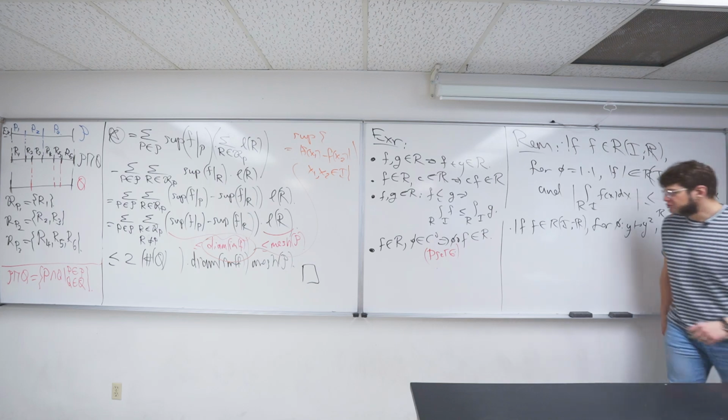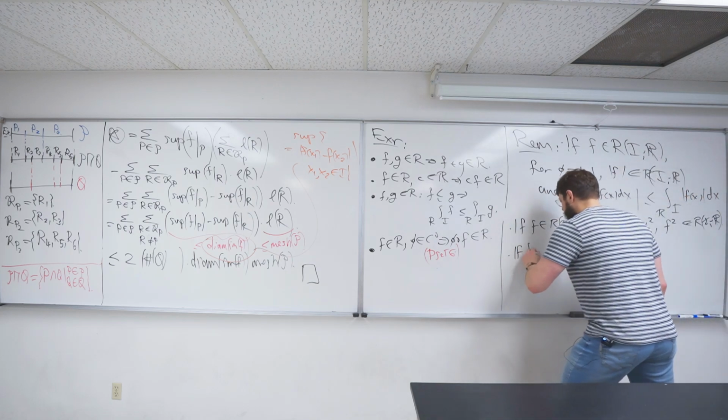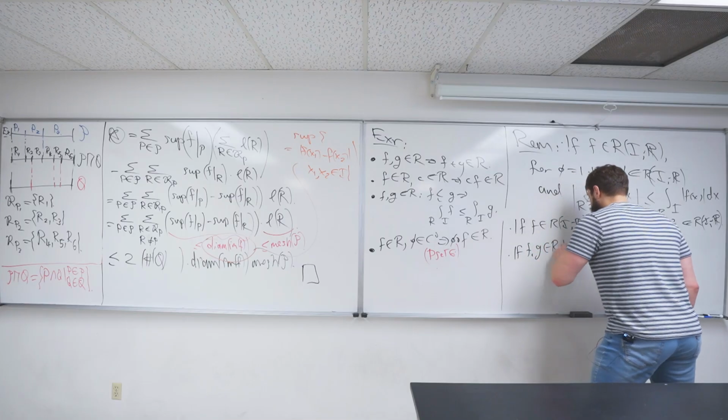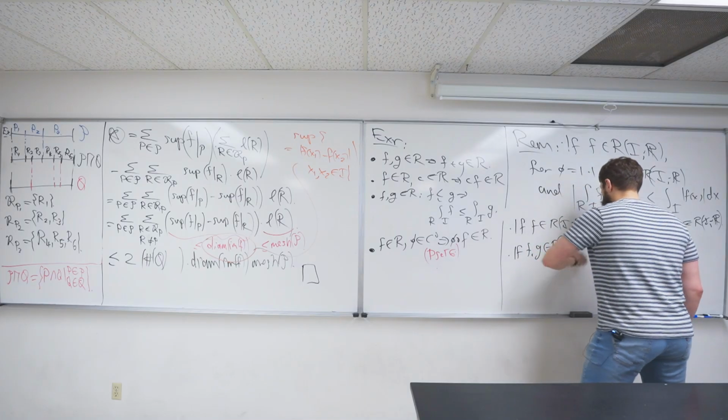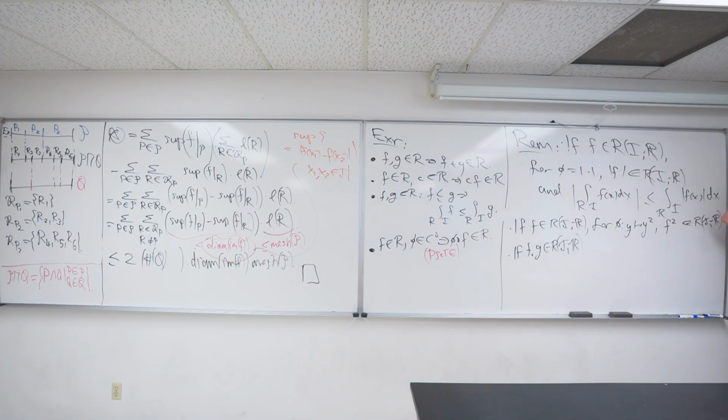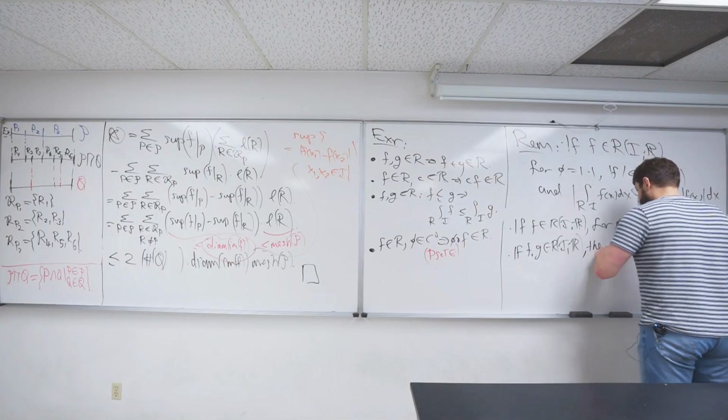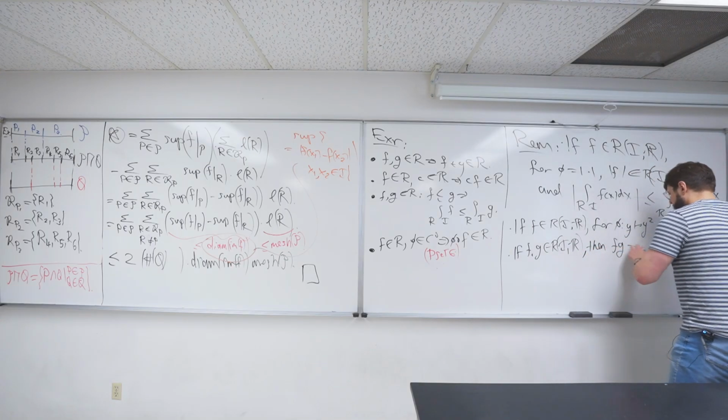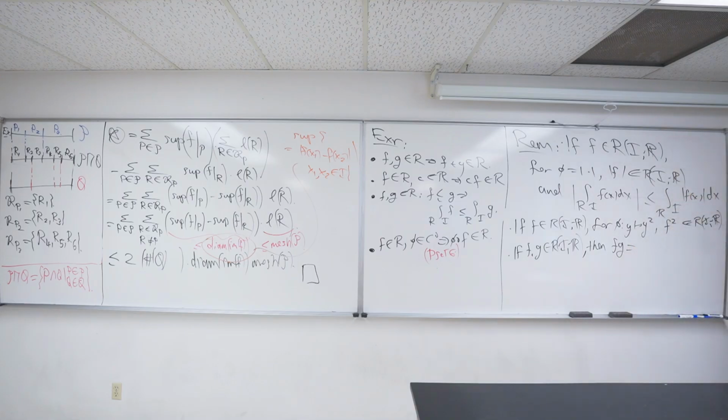But then if I have two functions, I can write their product in terms of squares. Right, so f plus g squared is f squared plus g squared plus 2fg.